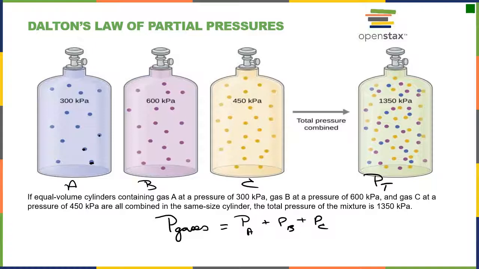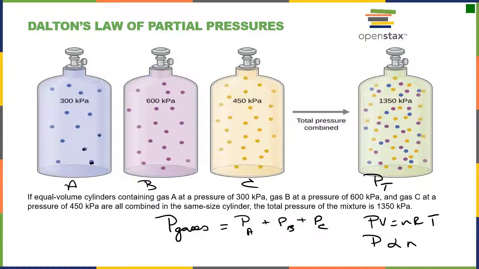Now, obviously, in order to add up the pressures, they have to be in the same container, which means the volume is the same, and they have to be at the same temperature. If they're not the same temperature and container, they're not the same stuff, and you can't add the pressures up. Now, we also know that PV = nRT, and P is directly proportional to the number of moles.